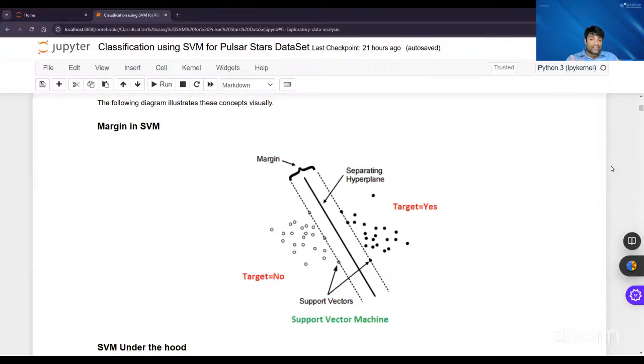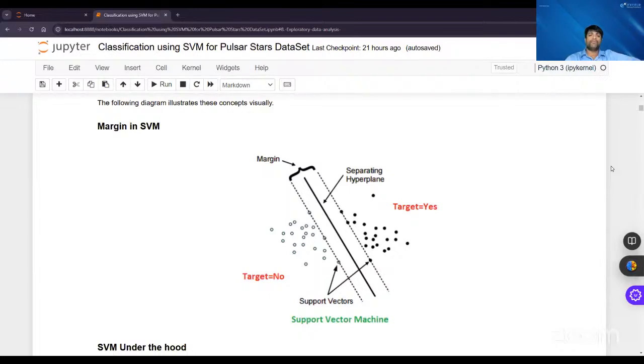Another concept is the concept of support vectors. The data points which fall on that particular margin of the hyperplane are basically called support vectors. Whatever falls exactly on that margin is called a support vector.